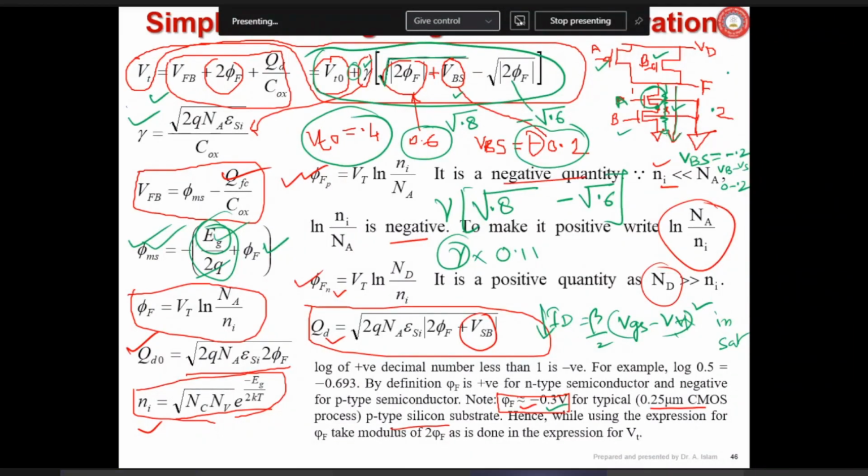Current decreases means the output node connected with CL, actually not connected, it is by default, the speed decreases. Speed of the circuit decreases. Simply to say that, the body effect reduces the circuit speed. This is called body effect, and it is not good.